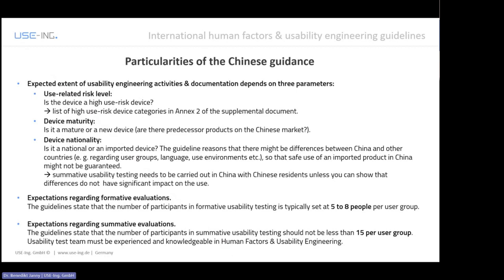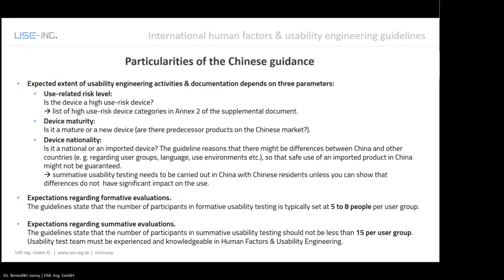So the guideline reasons that there might be differences between China and other countries, for example, regarding user groups, languages, use environments, etc. And those differences, according to the guideline's opinion, could affect the safe or effective use, talking about an imported product in China.